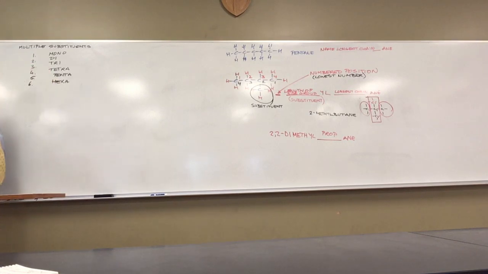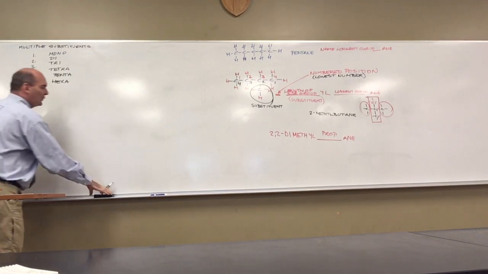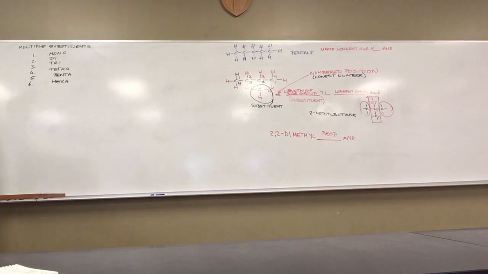Well, I'm going to solve that problem for you, because our names are going to start to get long. And if we start to include mono in everything that we do to describe just one occurrence of our substituents, our names are going to get unnecessarily long.